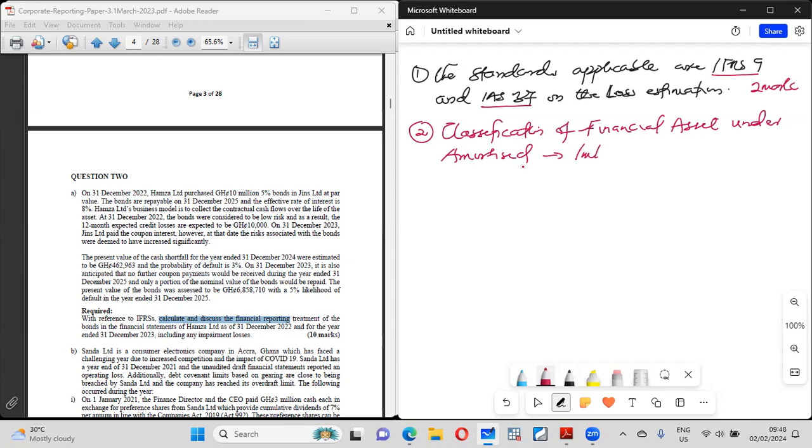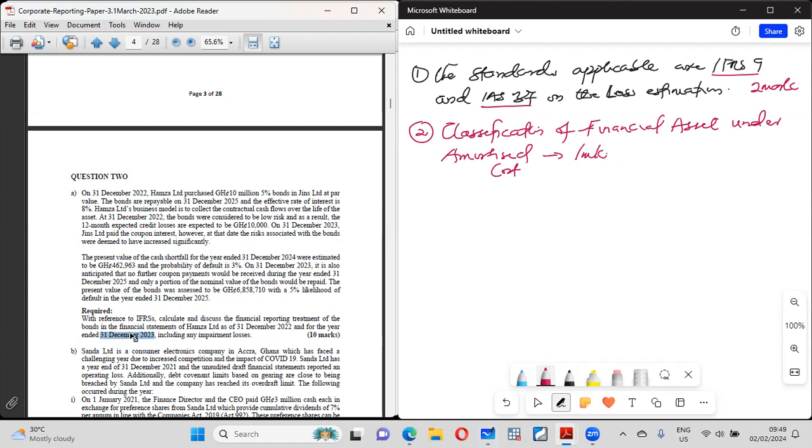And if you're also able to know that it is amortized cost, that too is 1 mark. So you've not solved the question, but you already have 3 marks to play. So that is what is going to happen. So you see, the question said the treatment as at 2022 and also 2023. So that is that. Because in 2022, there was a remeasurement of the loss.